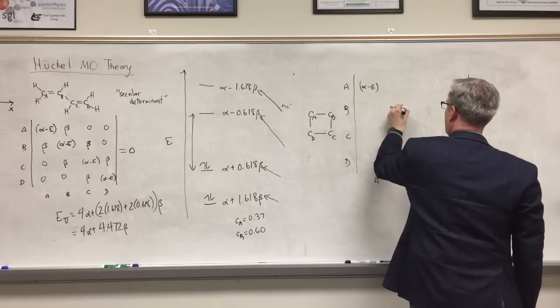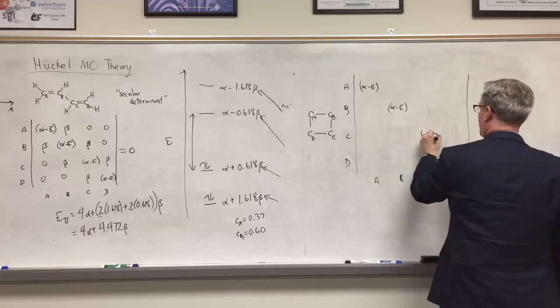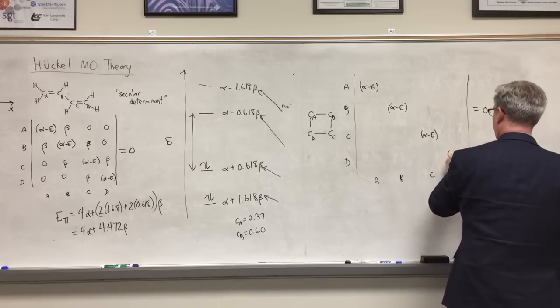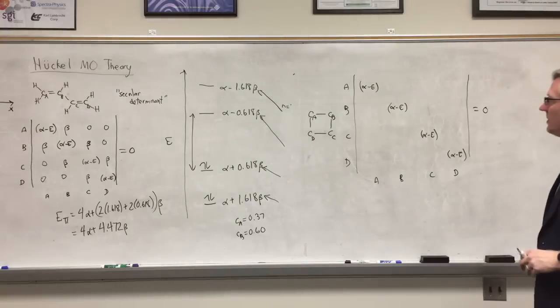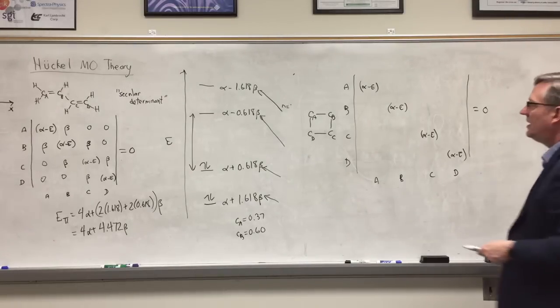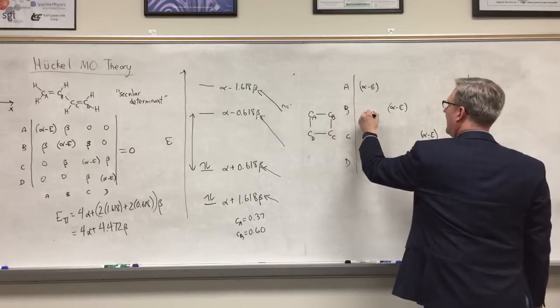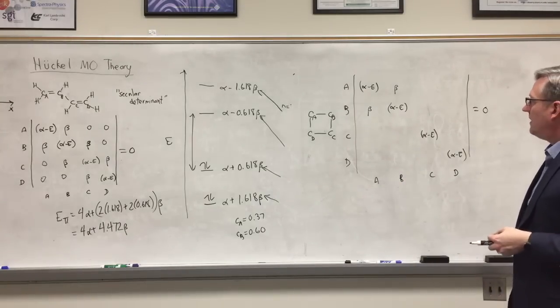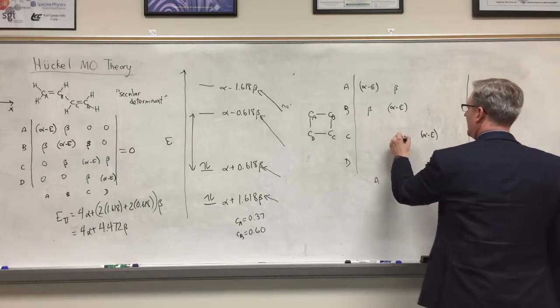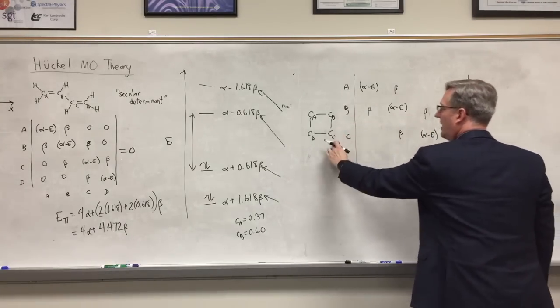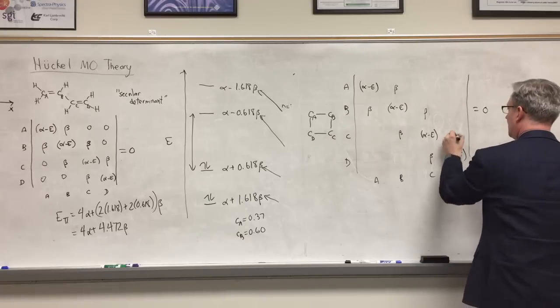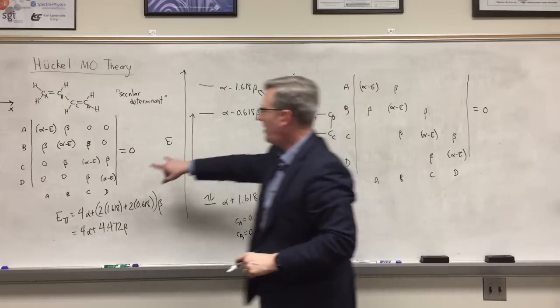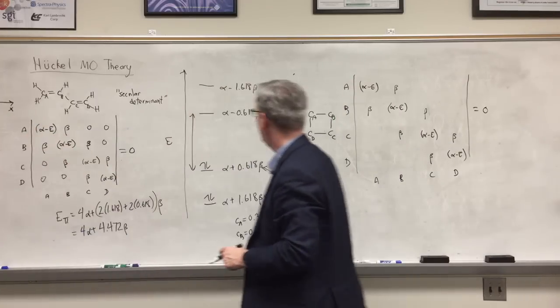Alpha minus E, alpha minus E, alpha minus E, and alpha minus E. But what's interesting is what happens off the diagonal. Between A and B, I get resonance integrals, just as I did for butadiene. Between B and C, I get resonance integrals, just as before, and between C and D, resonance integrals. So this part so far is exactly identical to butadiene.